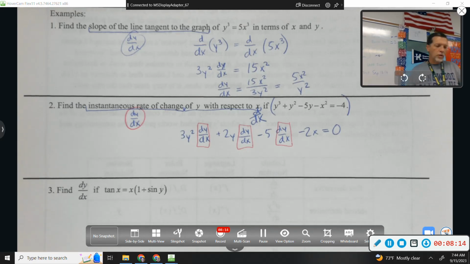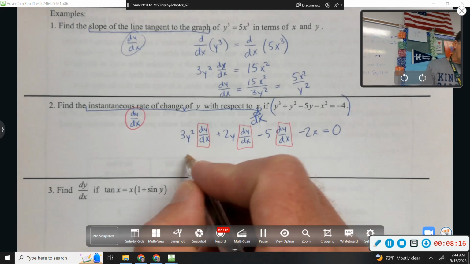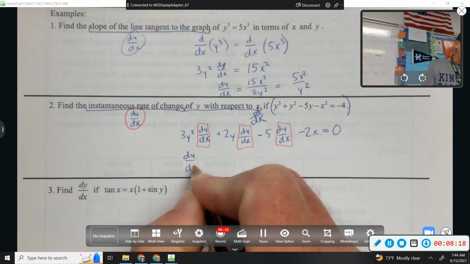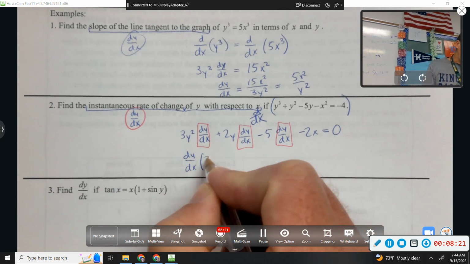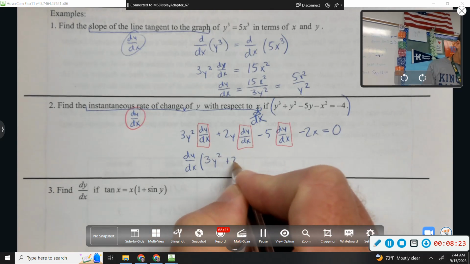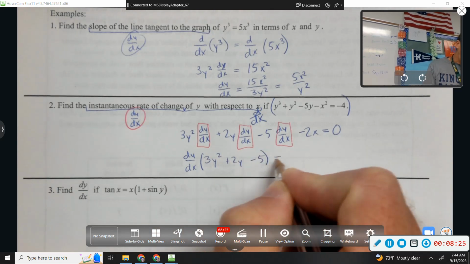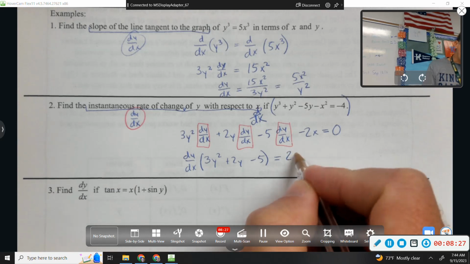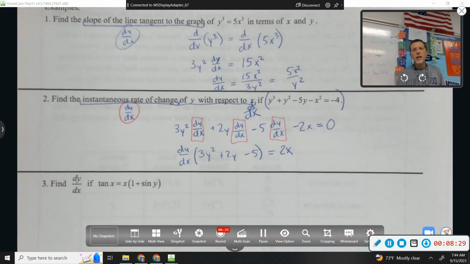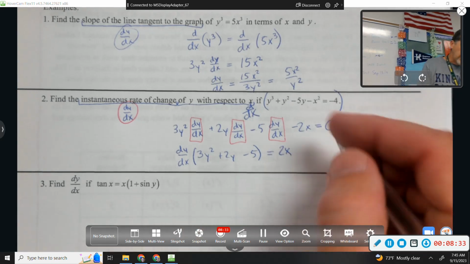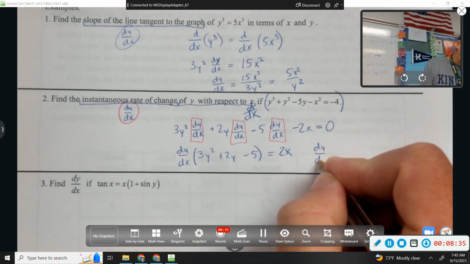You could also view it as I'm going to add their coefficients. So I'm going to factor out the dy dx and then add their coefficients: 3y squared plus 2y minus 5. I'm also going to go ahead and move the 2x to the other side. And then I'm almost there. Divide by all of that stuff to get dy dx.